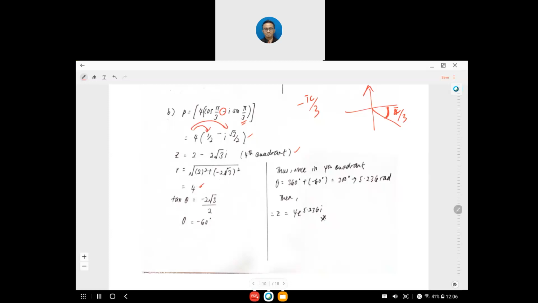Okay, and then tangent theta is negative root 3, because it's placed on the fourth quadrant, 360 minus 60 degrees. So you can get 300, which is 5.236 radian. Okay, your final answer is 4 exponent 5.236i. Okay, that one for question B.